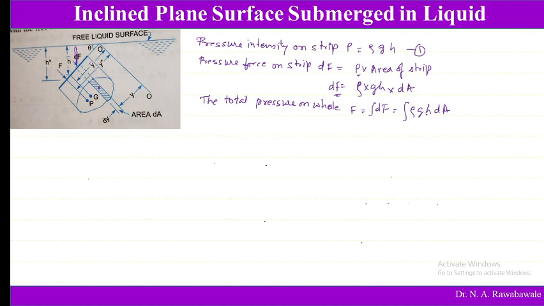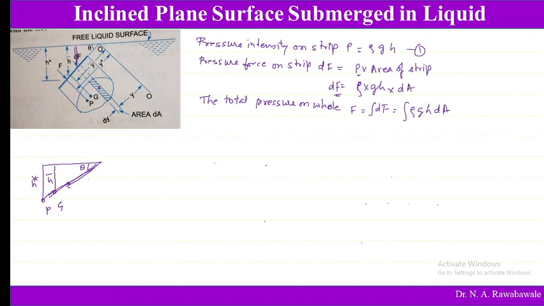Now from this figure what we can see is a triangle. So here this is a triangle. We will have a triangle with angle theta. Now say this is point P. This distance we call h star. If this is point G, this distance we call h bar.